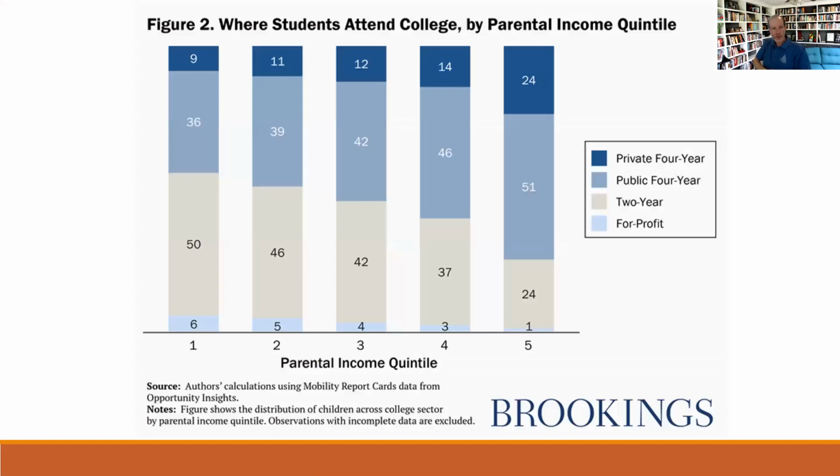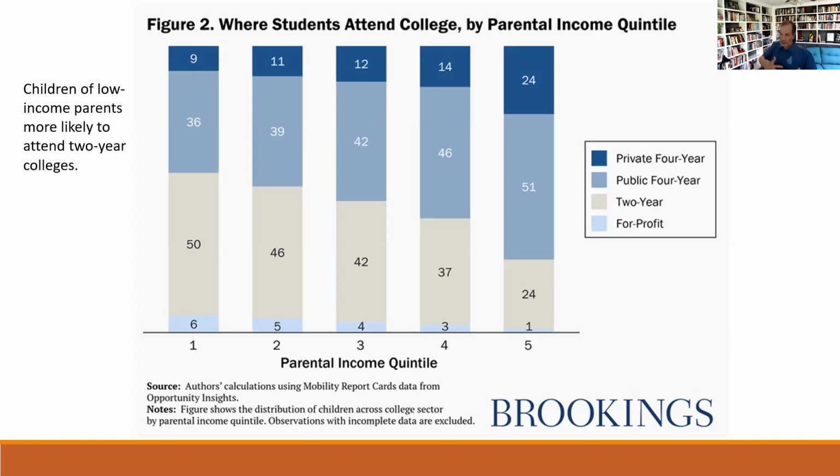Okay, so this figure looks at where students attend college based off of their parents' income. And so we have parental income quintiles across the bottom. 5 is wealthier, 1 is less wealthy. So basically, children of low-income parents are more likely to attend 2-year colleges compared to public and private 4-years.